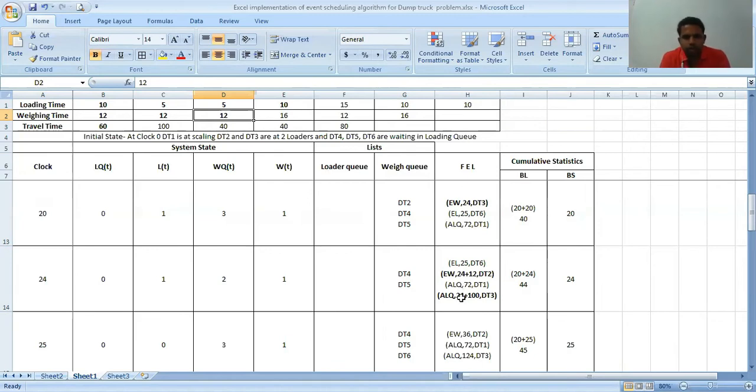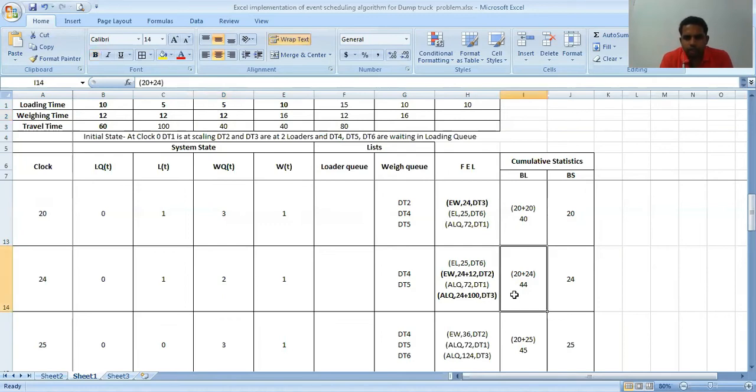After 100 clock times, it will come back. So the total time, it will come after 124. So 24 plus 100, DT3 is this notice value.